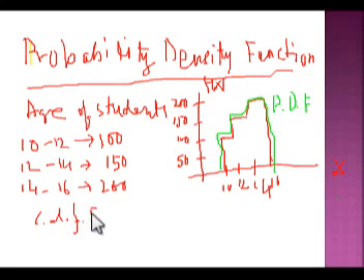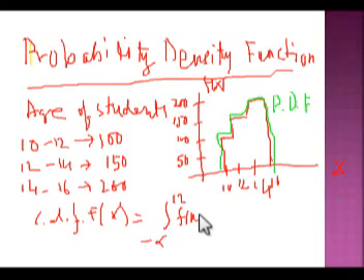Capital F(x) is given by the integration from minus infinity. I used to know up to 12. So up to 12, this will be f(x) dx.